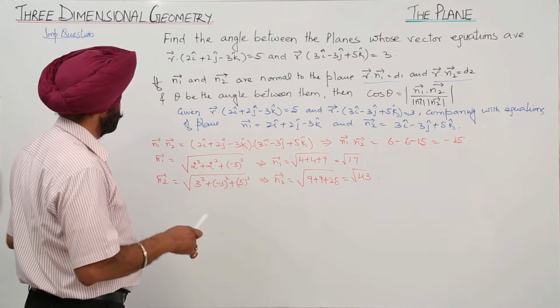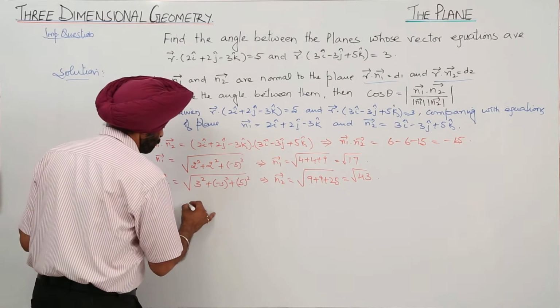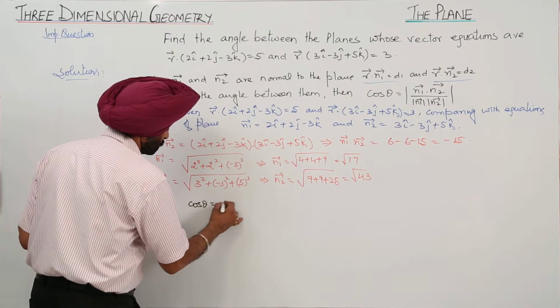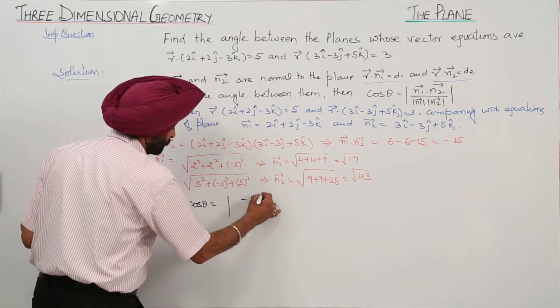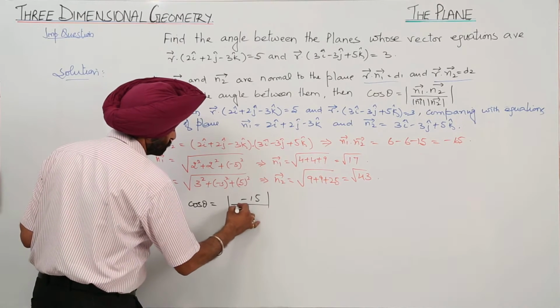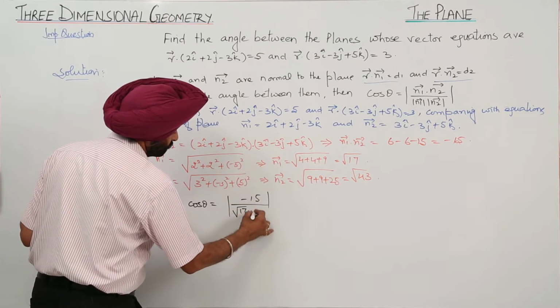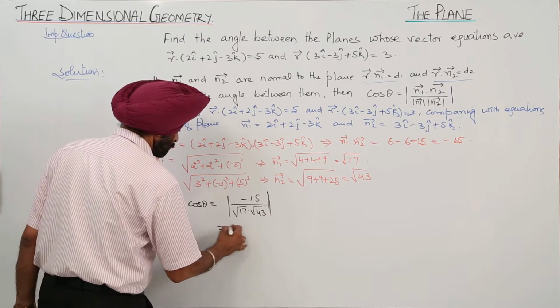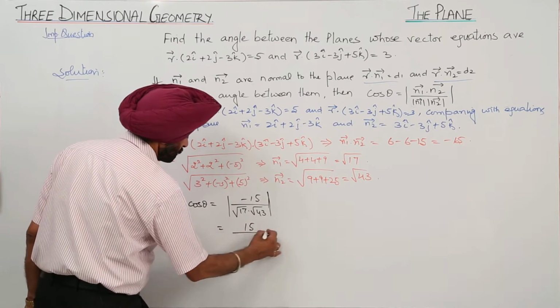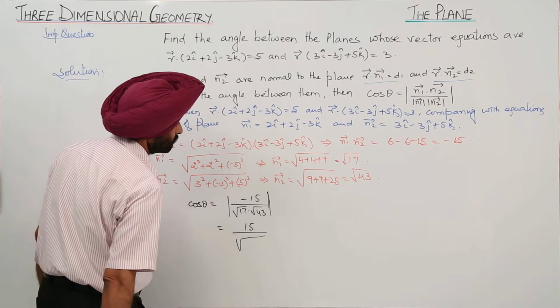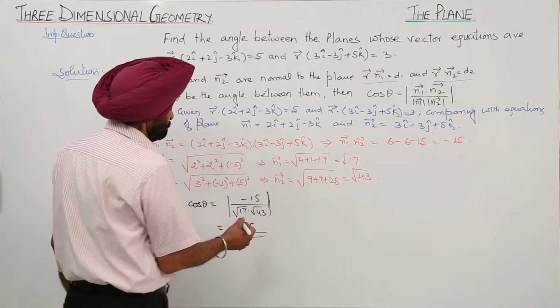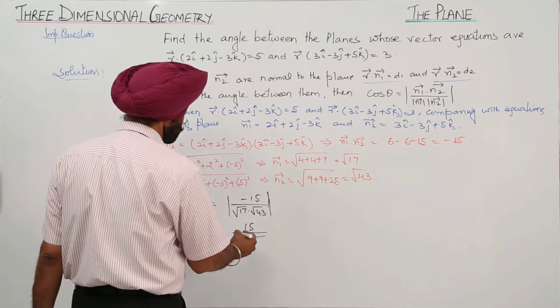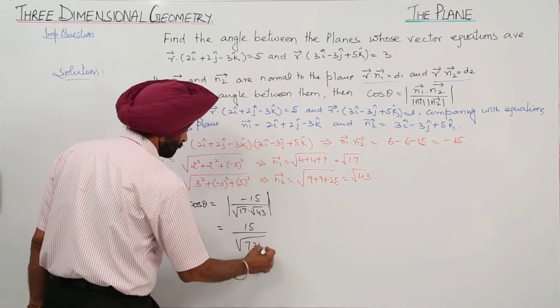Now cos theta is equal to minus 15 upon square root of 17 with square root of 43. This is equal to 15 upon square root of 731.